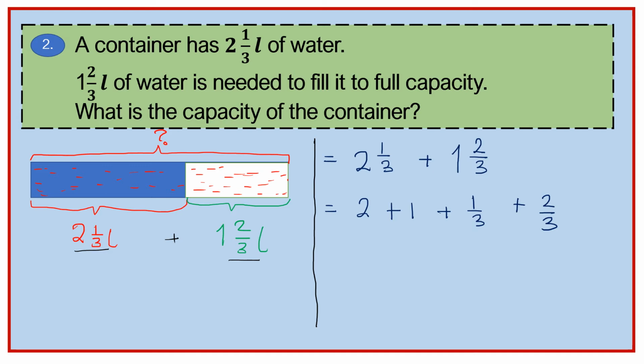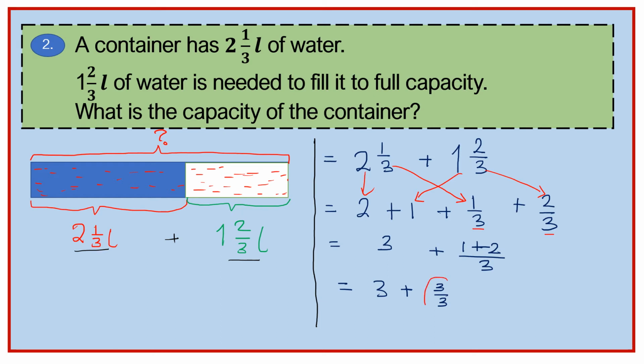We bring these 2 here, we bring this one third here, and we bring 2/3 here. Such that we get 2 plus 1 is equal to 3, and since you can see that the denominators are the same, we will simply get 1 plus 2 out of 3, such that we get 3 plus 3 out of 3.